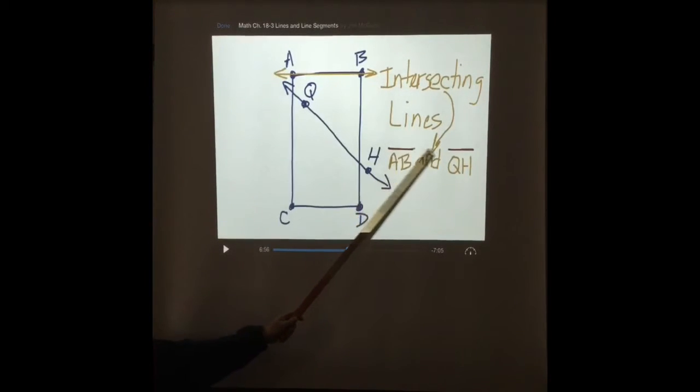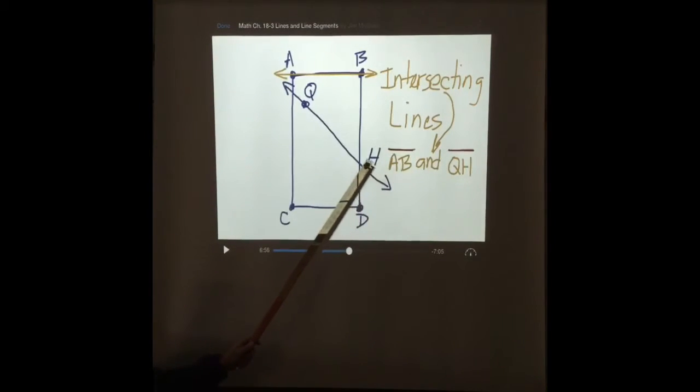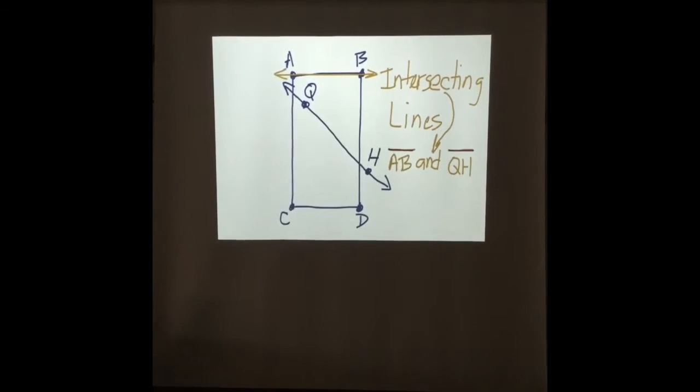These should have arrows on both sides, showing that it's a line, not a line segment. Put our word intersecting in where the and is. Line AB intersects with line QH. And that's how you read that.